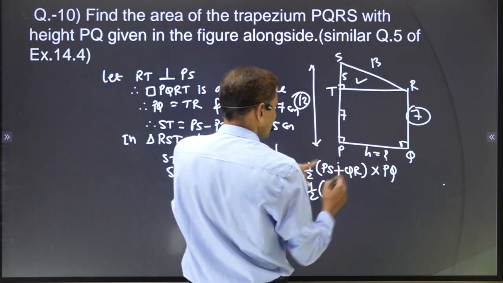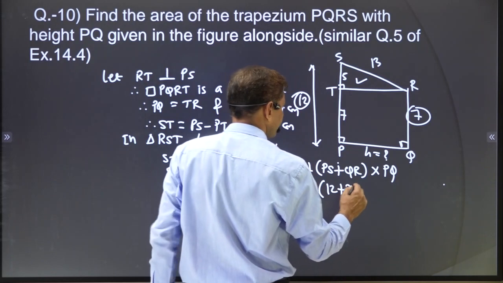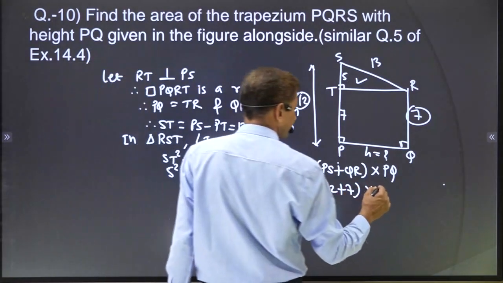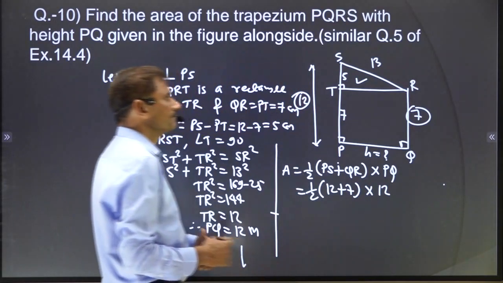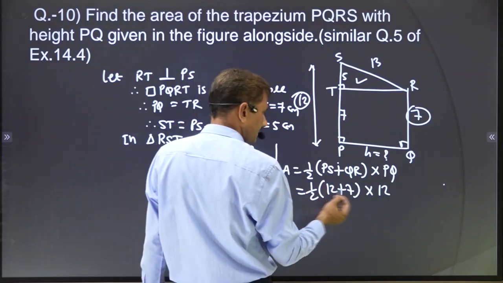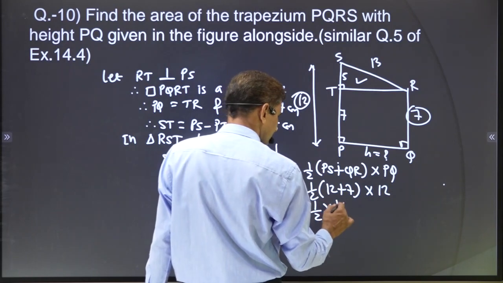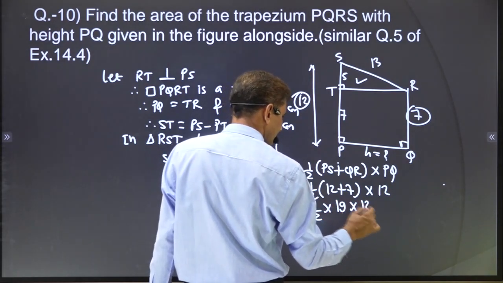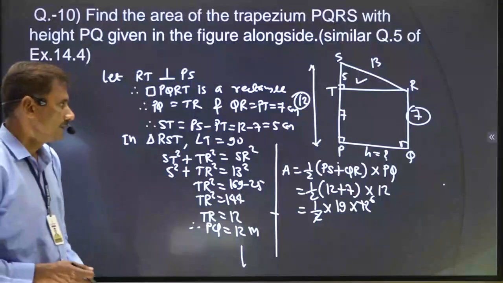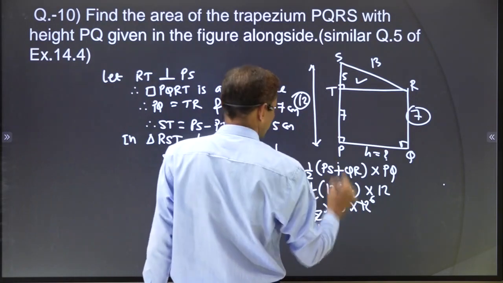Now write down everything. The parallel sides we already have, 12 and 7, and PQ we just found, 12. So it will be 1 by 2 into 19 into 12, which is 6, so 114 meter square.